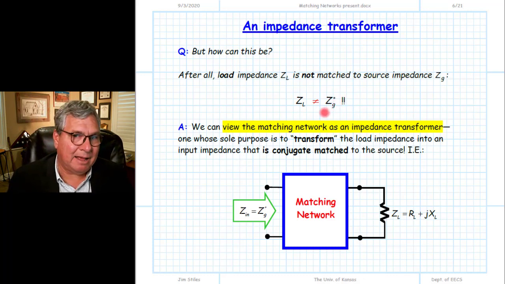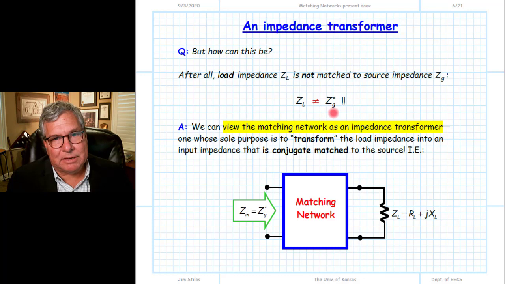So how could we have, again, a case where all of the available power of the source is delivered? Well, to have all available power delivered, it's not a statement of saying that the load impedance must be the complex conjugate of ZG.